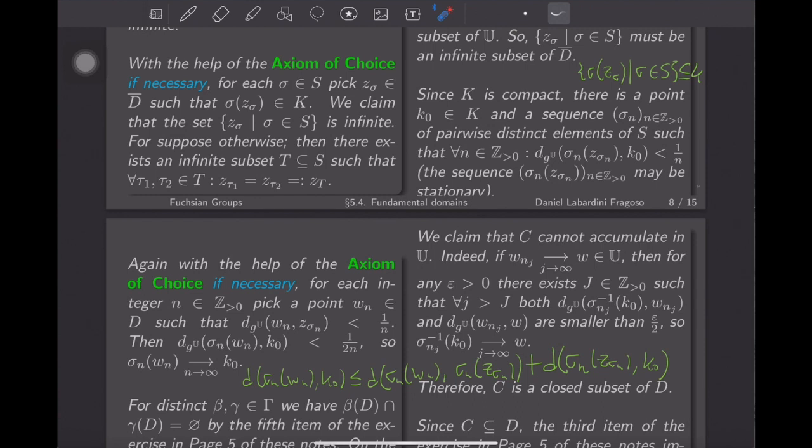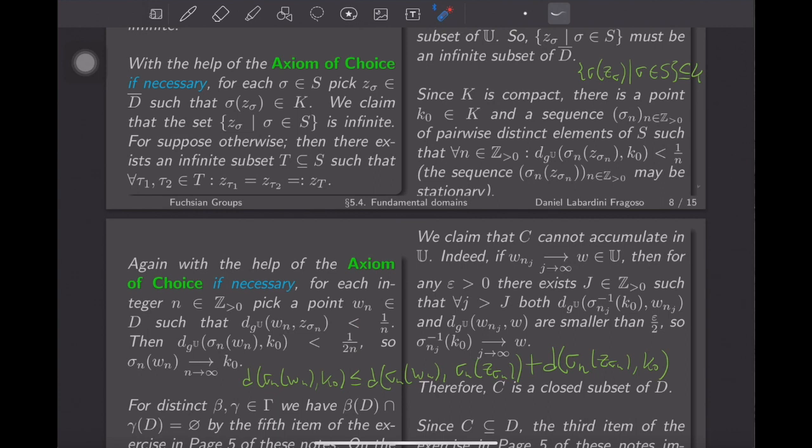This is just the triangle inequality: in between, I have just put this point. Now this first one is equal to the distance without the sigma, because sigma is an isometry, which is less than 1 over n. And this other one is less than 1 over 2n.